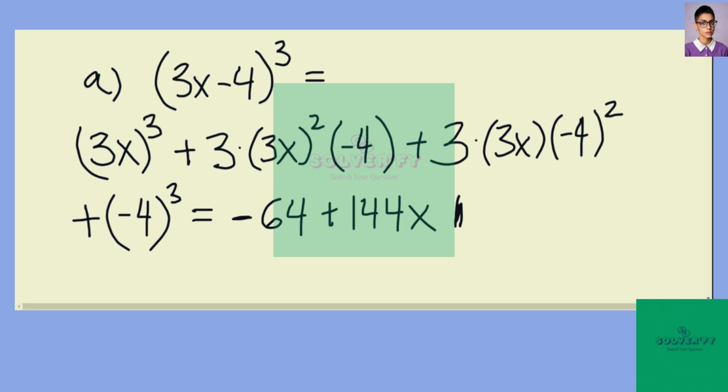And then we have 3 times 9 times -4, which is 27 times -4, which is -108x squared, plus 3 cubed is 27x cubed.